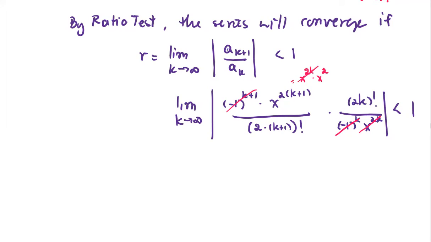Then we work on the factorial. The quantity 2 times k plus 1 is 2k plus 2 factorial. We expand this as 2k plus 2 multiplied by 2k plus 1 multiplied by 2k factorial, and the 2k factorial will be canceled.